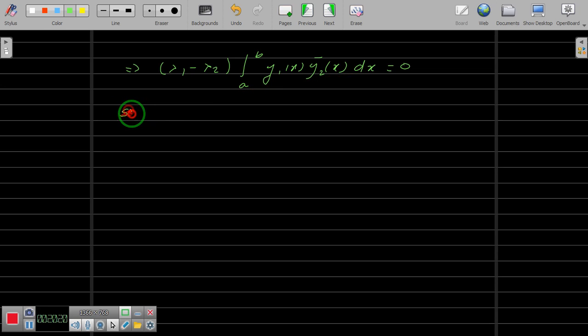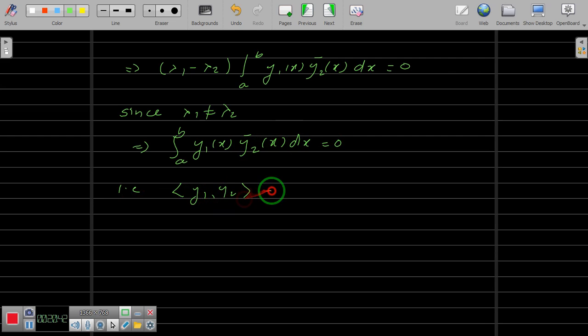And since lambda 1 is not equal to lambda 2 because those are distinct, this implies integral a to b y1(x) y2 bar(x) dx equals 0, and that is, the inner product of y1 and y2 is 0.